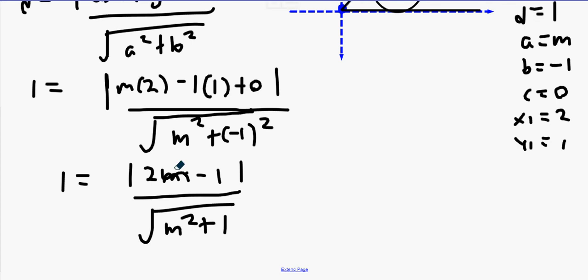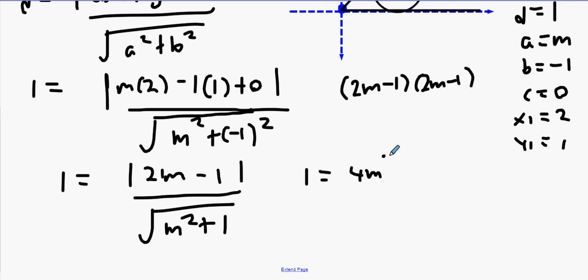Anybody? Yeah. So 1. And this is 2m minus 1 multiplied by another 2m minus 1, which is 4m squared minus 4m plus 1 all over m squared plus 1. Cross multiply up to m squared plus 1.